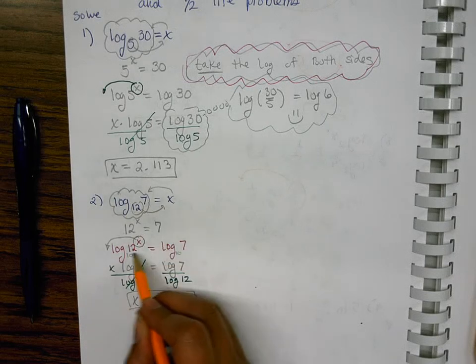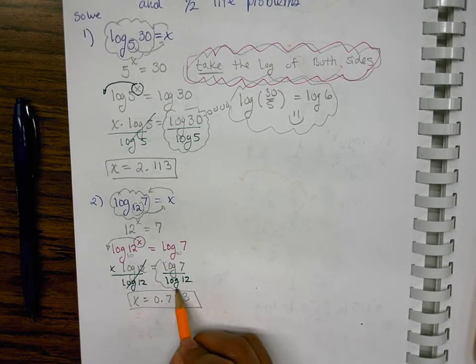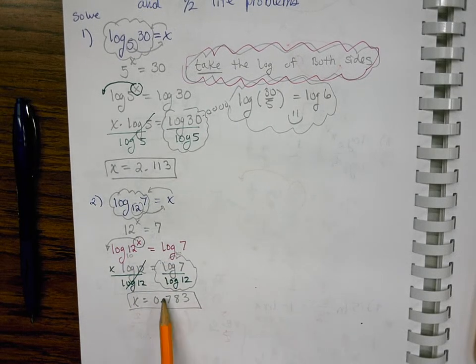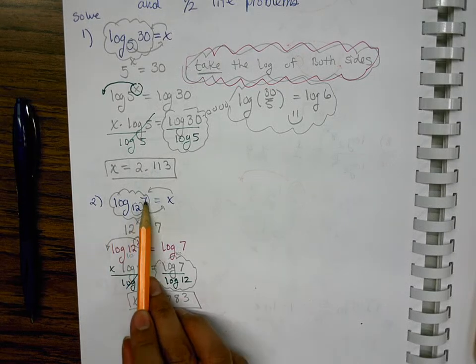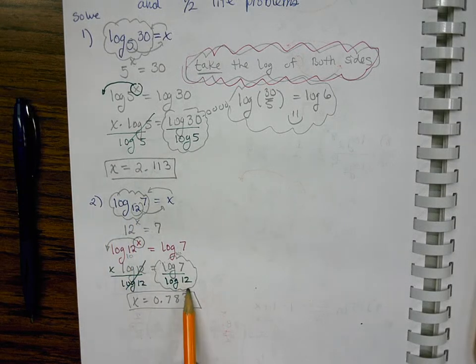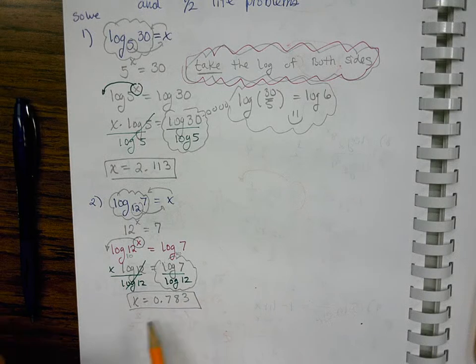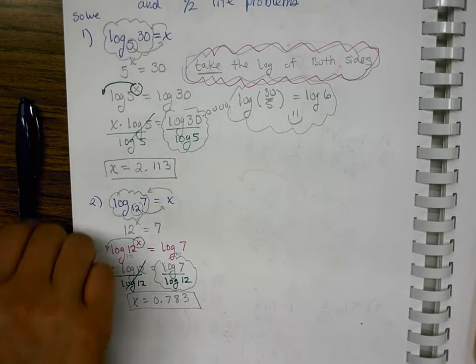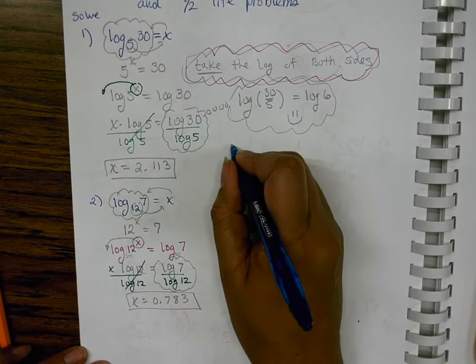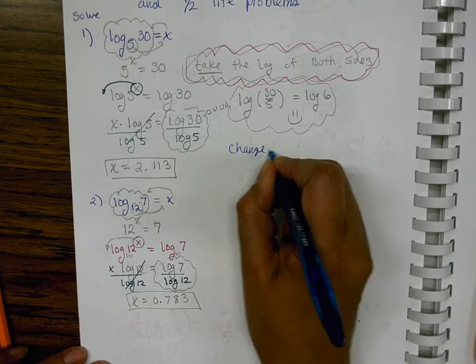Let's take a look at this one. This is what was given to me. We did all this beautiful work, and this is what we plugged in the calculator. It was log base 12 of 7, and we typed in log 7 over log 12. Does anybody see a quick shortcut we can do here?